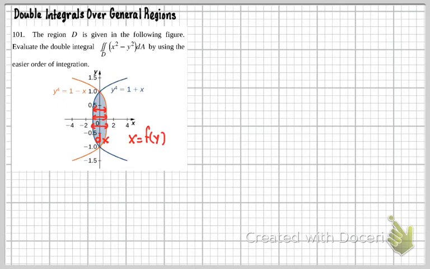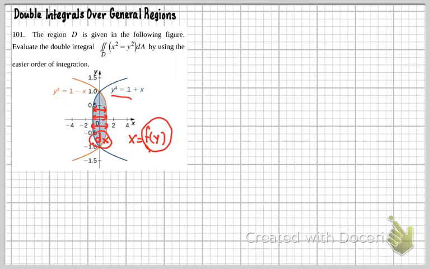So that's where we're going to start. We're going to start with dx, and our bounds are going to be functions of y. So for these two equations here, I'm going to have to solve them for x, and get the other side in terms of y's.